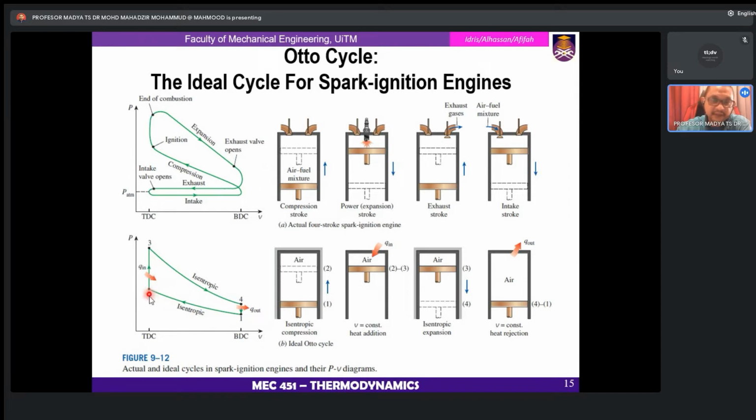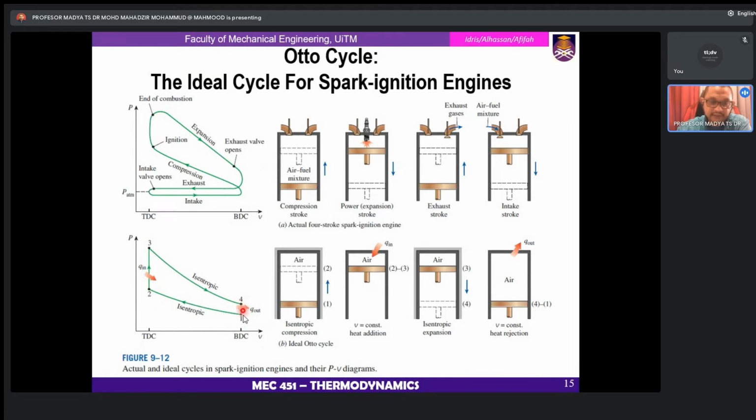That means the spark plug fires, so we have Q in on the diagram. Process 3 to 4 is isentropic expansion, which is the power stroke, and 4 to 1 is the exhaust stroke.